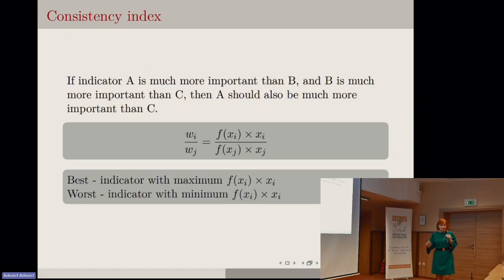But if I have already calculated weights, I need to determine the so-called consistency index. I only remind you, if indicator A is much more important than B and B is much more important than C, we expect that A should also be more important than C. So I am going to start with this fraction.